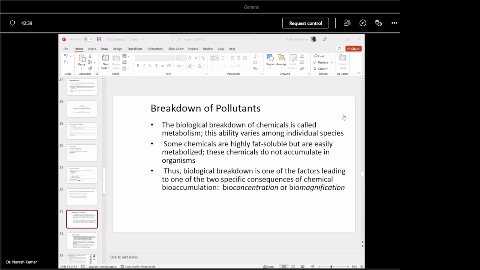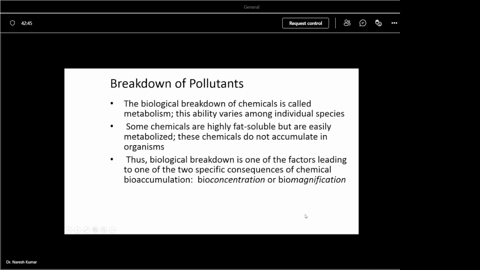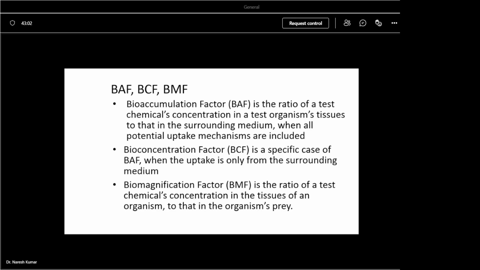Remember this. Those compounds which we are able to metabolize, they will not be accumulated in these cells. Thus, biological breakdown is one of the factors leading to one of two specific consequences of chemical bioaccumulation. That is bioconcentration or biomagnification.